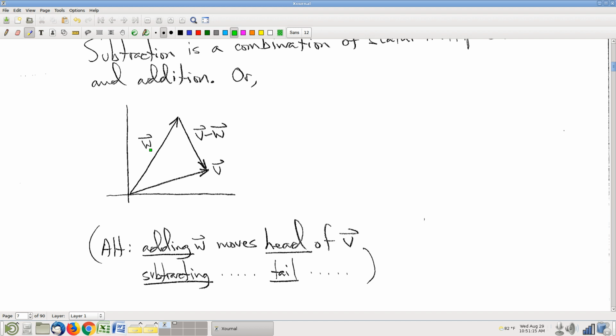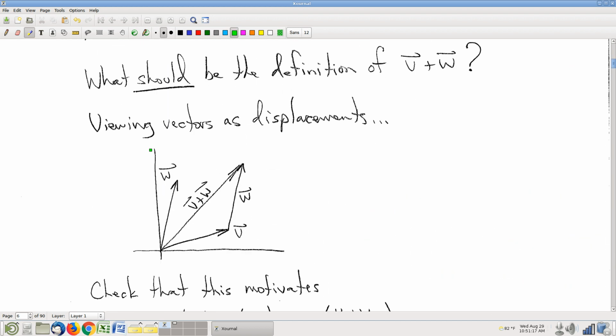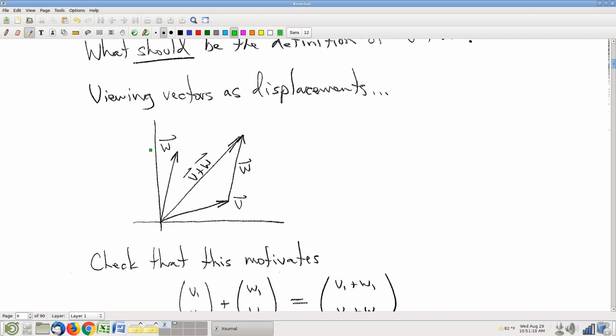Let's go back to how you add vectors. The process of adding w, you can think of as moving the head. What do I mean by that? Well, we started off with v, and when I added w, the head moved, as indicated by the vector w.